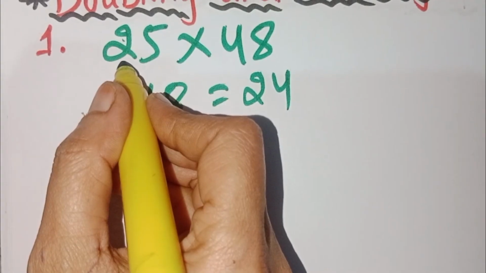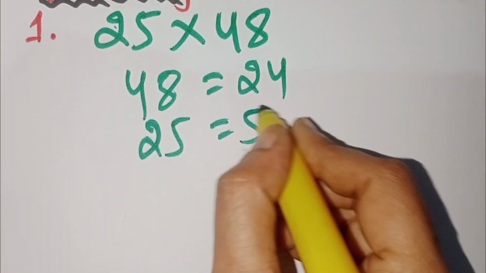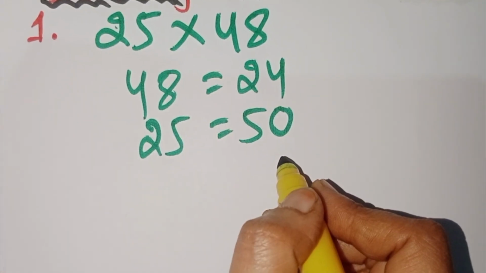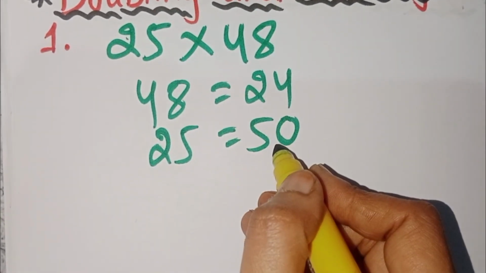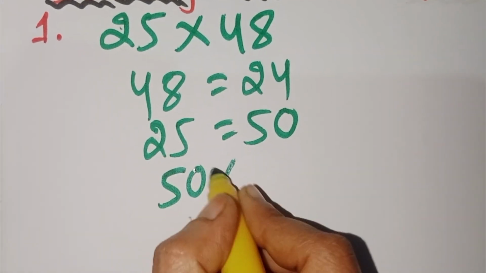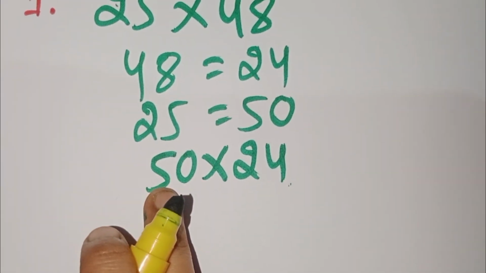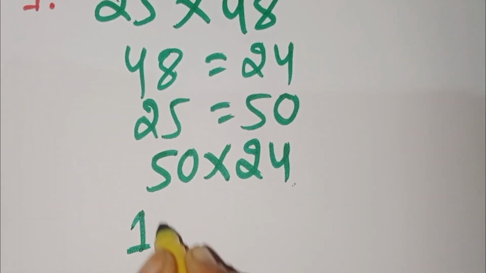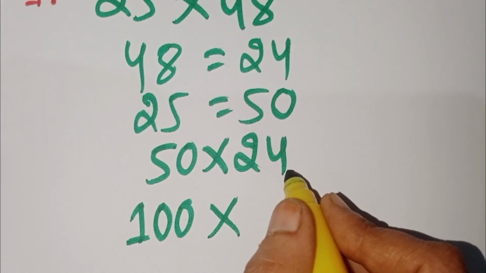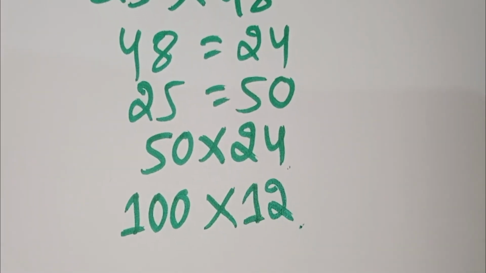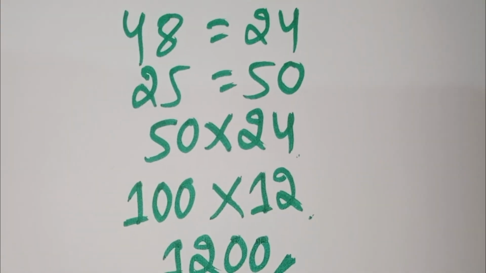Double of 25 is 50. 50 into 24. Double of 50 is 100, into half of 24 is 12. So the answer is 1200.